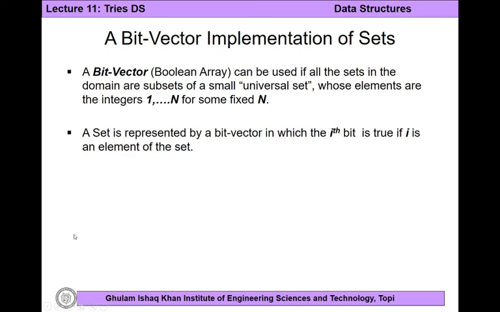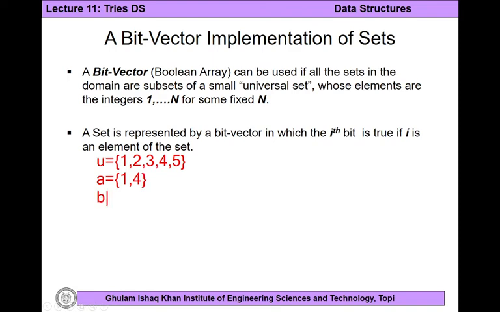In the static implementation, for example, I have a set as the universal set, which has the values 1, 2, 3, 4, 5. Then I have a set A, which has the value 1, 4, right?